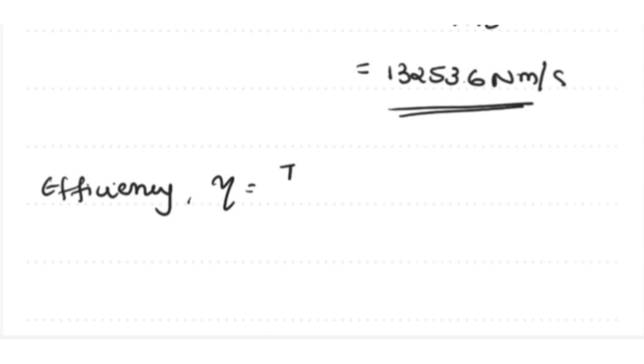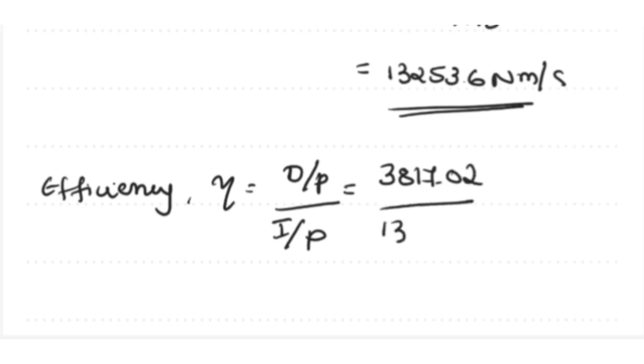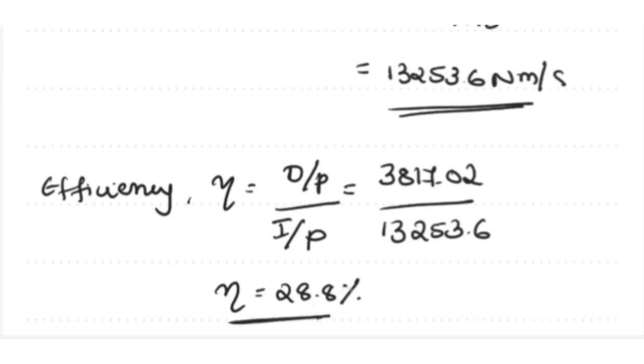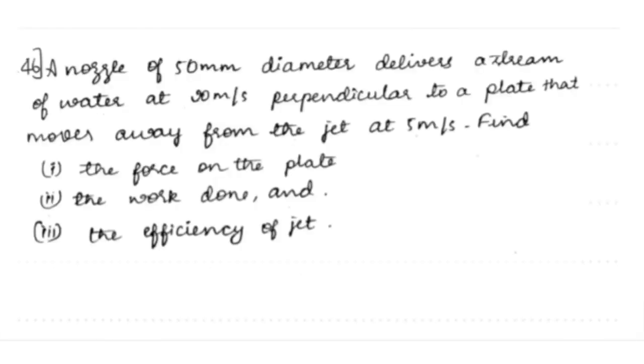That is nothing but output divided by input. Output we got as 3817.02 and input is 13253.6, so that is equal to 28.8%.